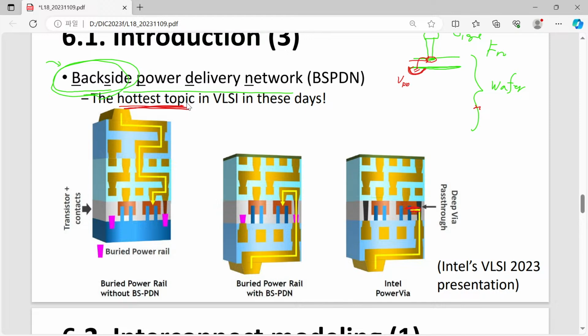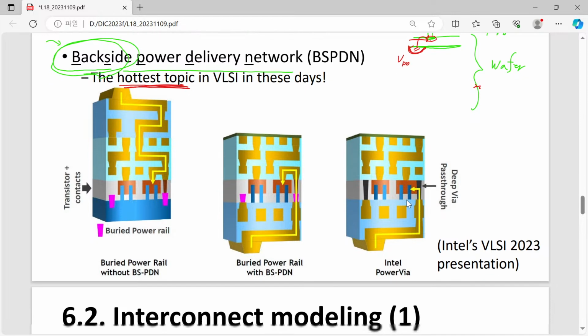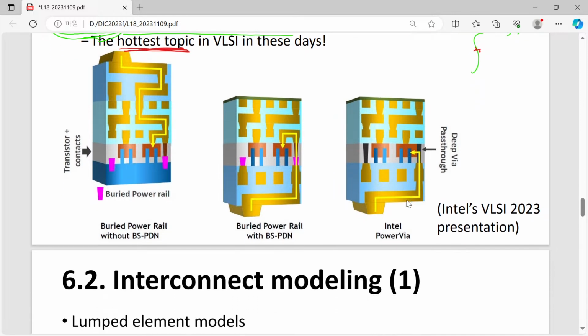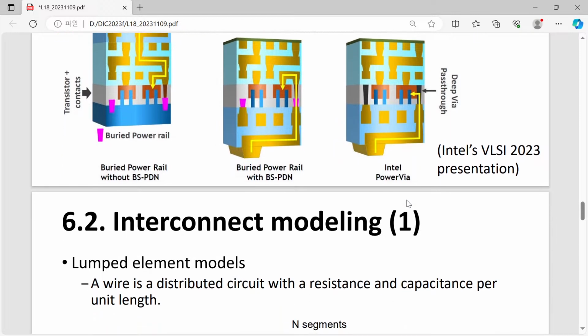Using this, they can reduce the size of the chip even further. There are so many clever people in this community, and they are doing amazing jobs every year. So we can expect that we still have more room for progress.